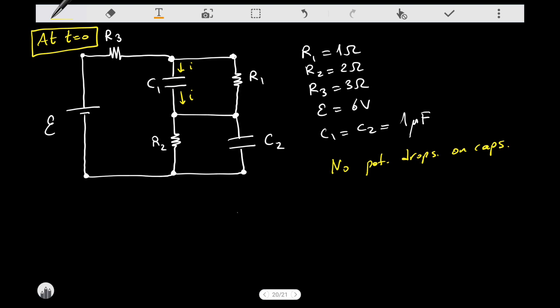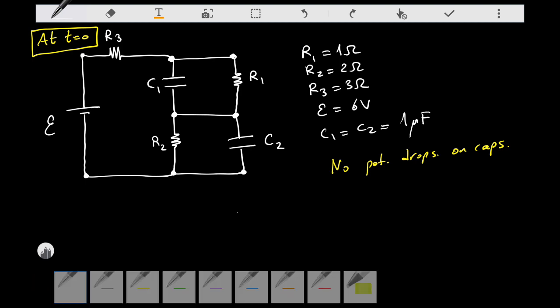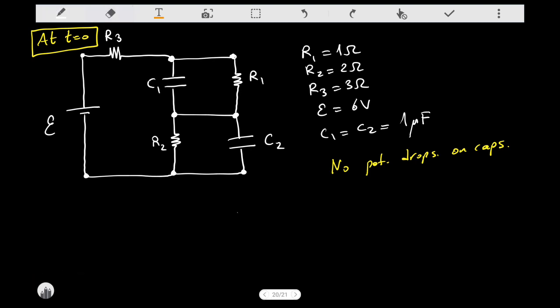There's another thing. There's no potential difference in here. So as a result, if I take that part of the circuit and replace it with a single wire, right? What I'm going to do is this: I'll just eliminate these capacitor plates and replace this with a wire.